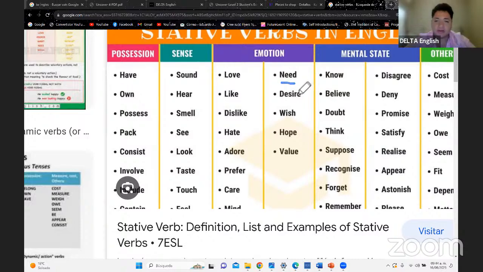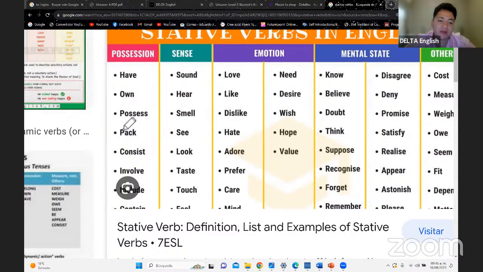Si yo te digo need, necesita. So, it's like, what are you supposed to do? ¿Qué se supone que hagas si alguien te dice need? Right? It's difficult. So these verbs, you can identify them because you cannot use them in the imperative.